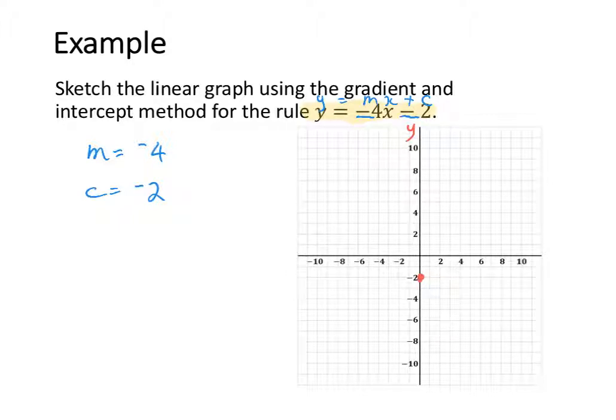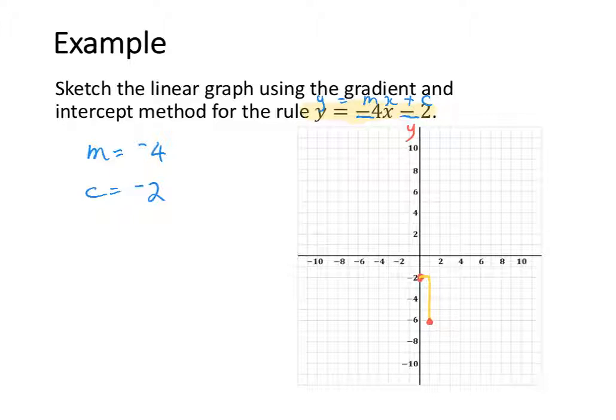The next step is to go ahead and mark a second dot using the gradient. I know my gradient is negative 4, which means every time that x increases by 1, my y value is going to decrease by 4. So then I can work out where to put my second dot.